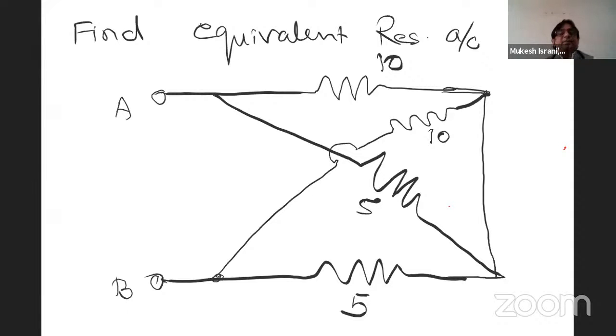The question is still the same. Find equivalent resistance across AB, and you can see that this jump shows that these 2 points are not connected. Fine. So I have a 10 ohm resistance, 10 ohm resistance, 5 ohm resistance, 5 ohm resistance, and a wire connecting these 2 points. Can you tell me the answer for this?